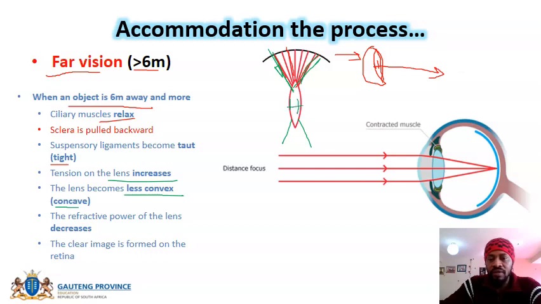It means the refractive power of the lens will decrease, and the light rays entering the eye are bent only slightly. Because I'm driving, I see an object very far, the light rays are bent slightly because I'm braking slightly, and brought to a focus on the retina such that a clear image is formed on the retina.